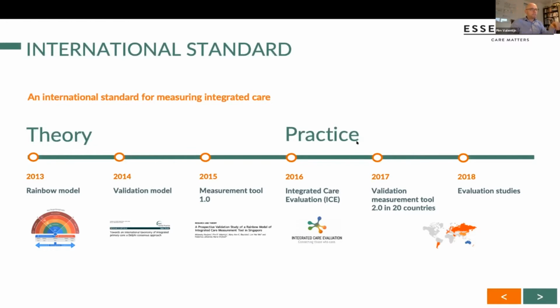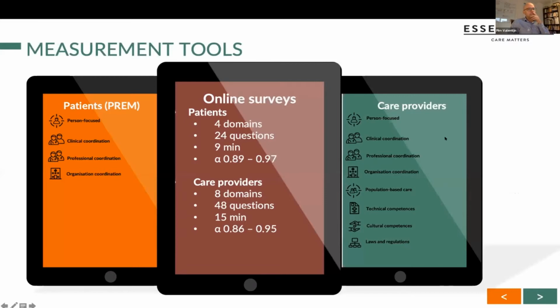So we worked on, as I already explained to you, two measurement tools, basically online surveys, one for the care providers. So as you can see, all the different domains within the rainbow model are measured from the care provider's perspective. And on the left-hand side, you see the tool which is developed for the patient.